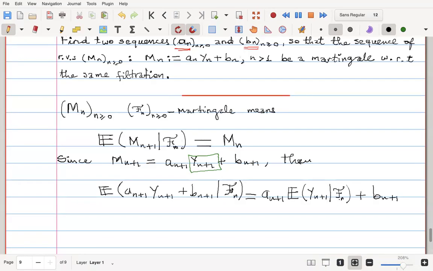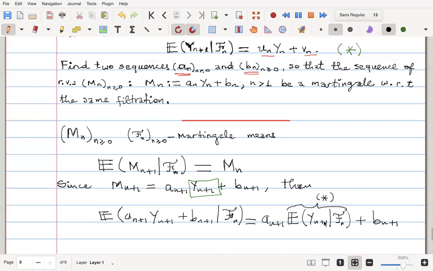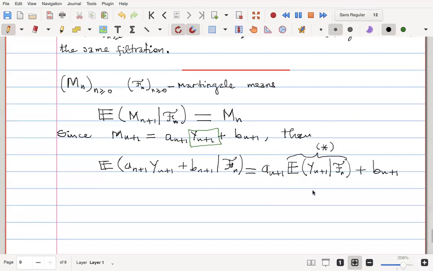And now what is the expression of this? We use star. And what is star? Y_{n+1}, as you can see here, given F_n is u_n Y_n plus v_n. So we substitute that.